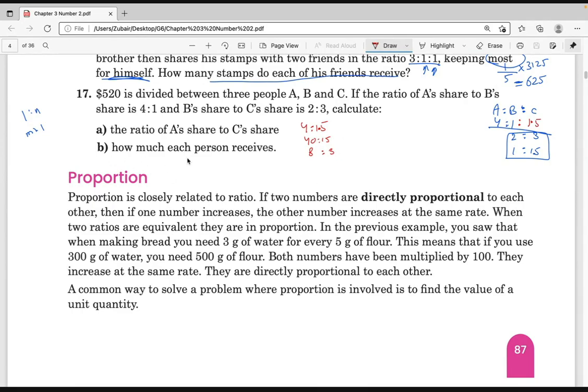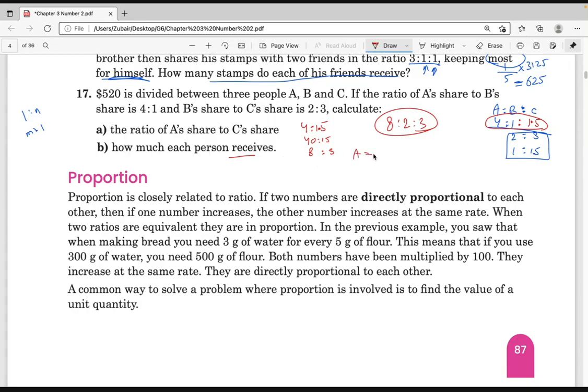B part says how much each person receives. Now we can use this ratio as well. I'm just going to double it, 8 ratio 2 ratio 3. Is it okay? Just to avoid decimals. So how much does each person receive?